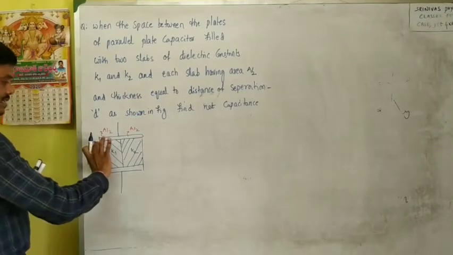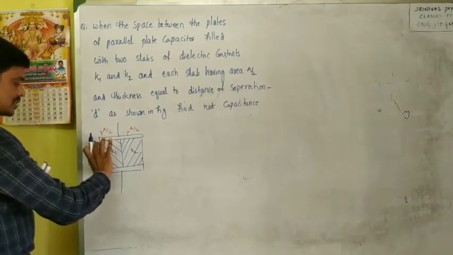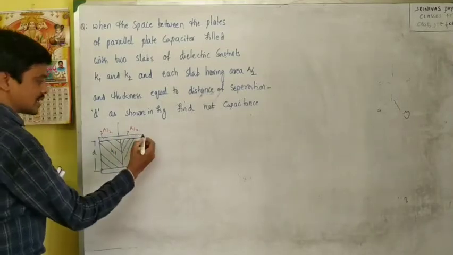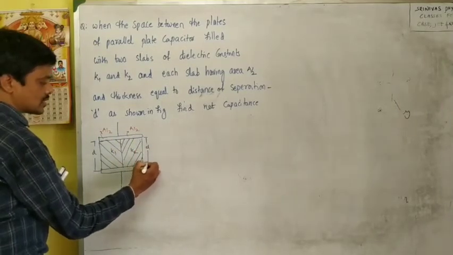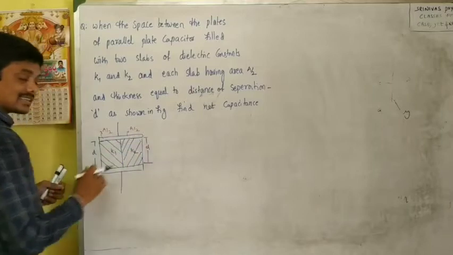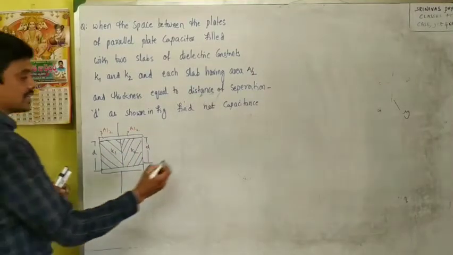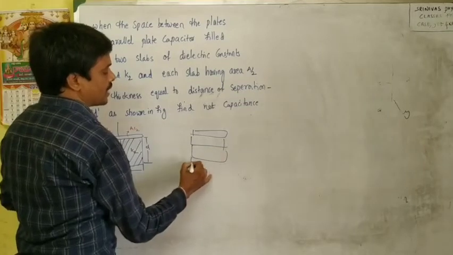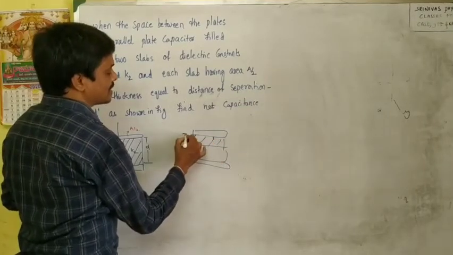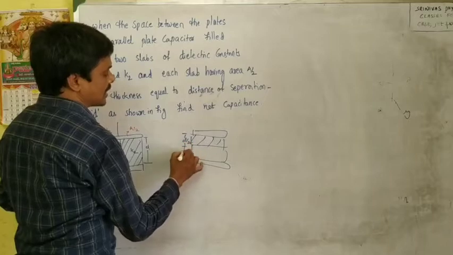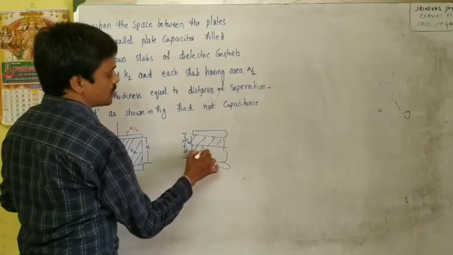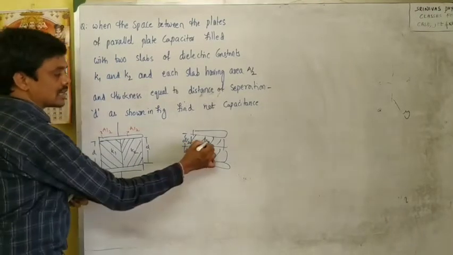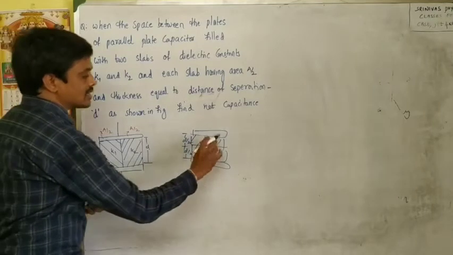Here the plate separation, the width of this one and this one, is the same, D. That means two dielectric slabs have the same width. In the previous case it was different. The first dielectric slab width is D by 2, and the second dielectric slab width is D by 2, right? And this one is K1 and this is K2, and this is end to end connection.